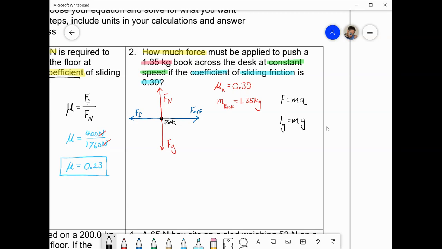And I'm going to put that in as a g instead of an a. They're the same thing as you're looking at it, right? F equals ma, or the force of gravity equals m times the acceleration because of gravity. These are still true statements. And this Fg is the weight.